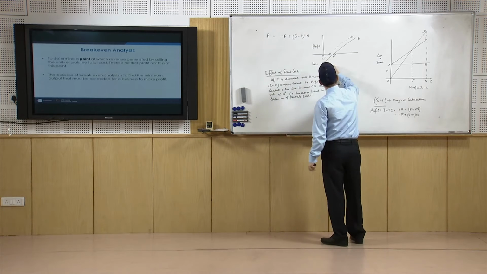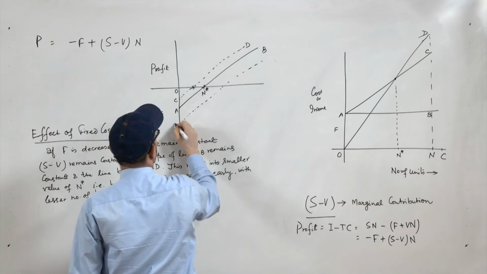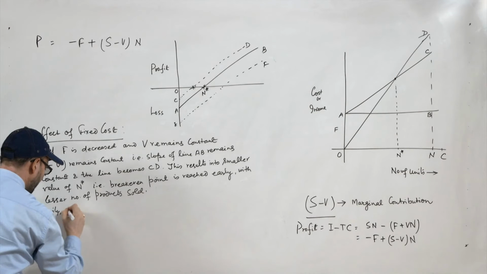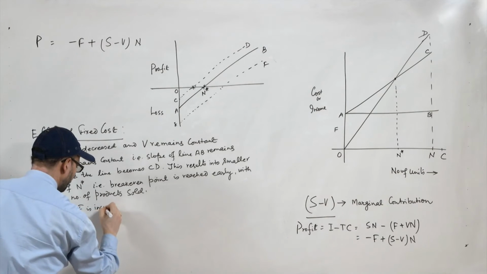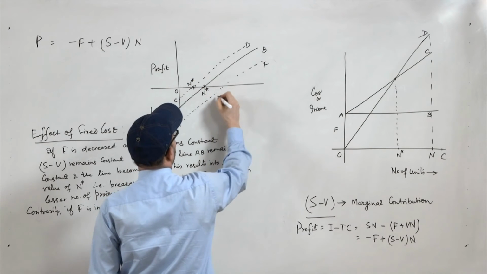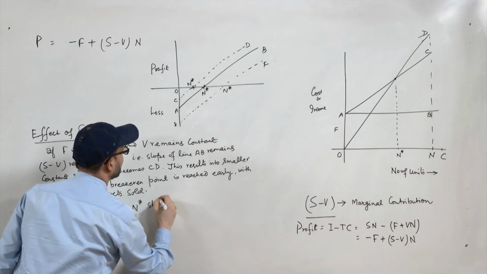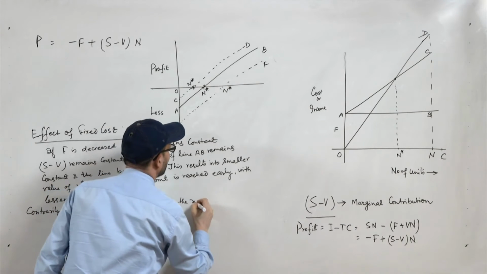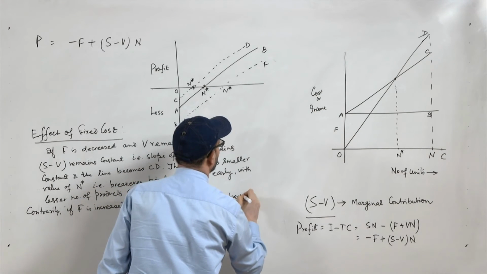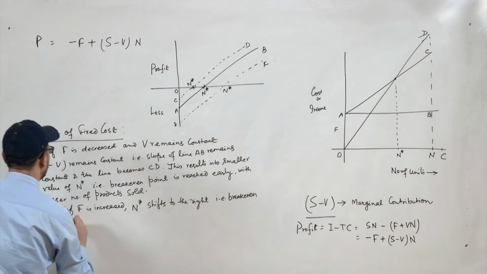Contrarily, if we increase the fixed cost and V remains constant, if F is increased, in that case your n star shifts to the right, that is, the break even quantity is increased.